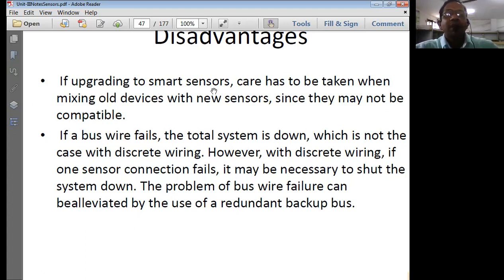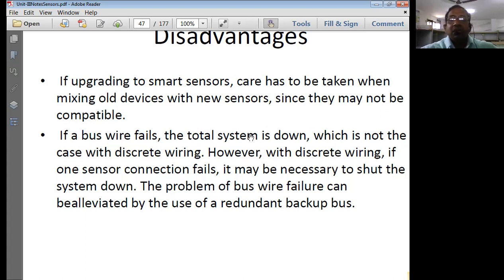So in the case of upgrading to smart sensors, what is the problem here? Compatibility or integration from old devices to the new physical devices. If you want to connect them, the integrability problems are very problematic. So these two are the primary disadvantages.